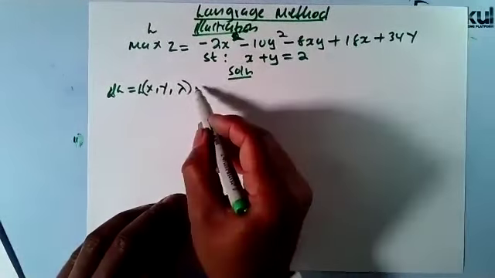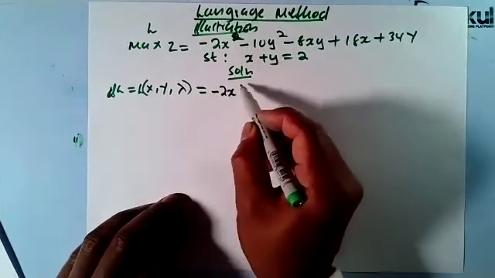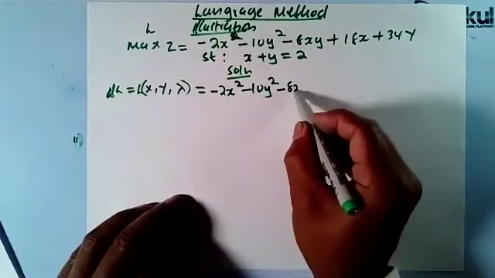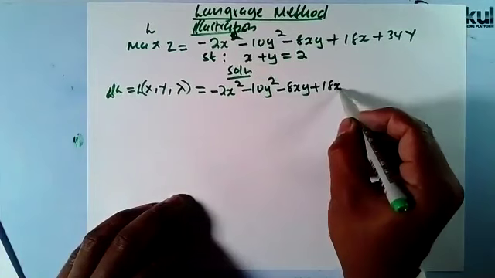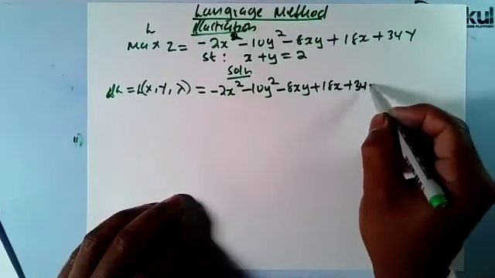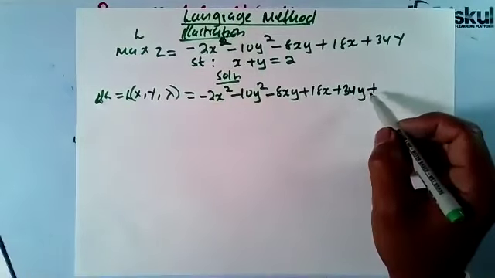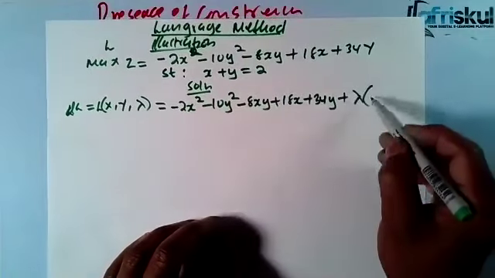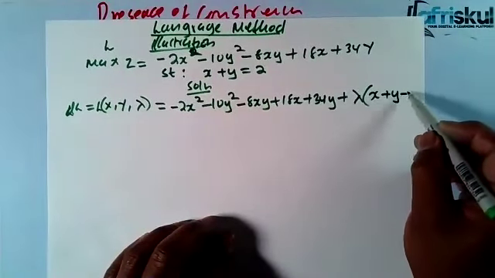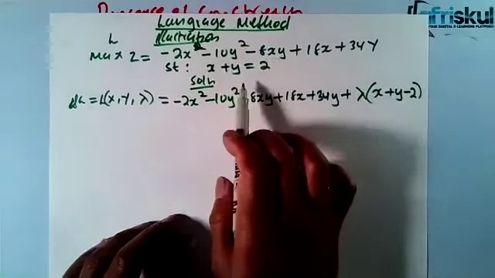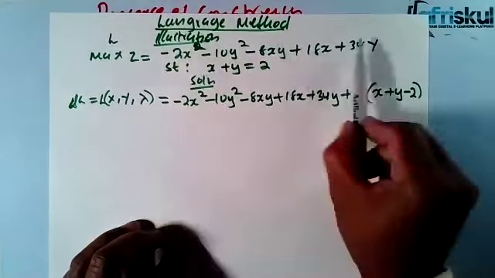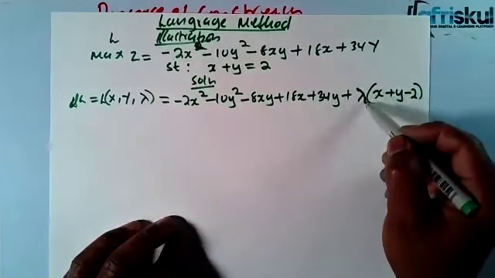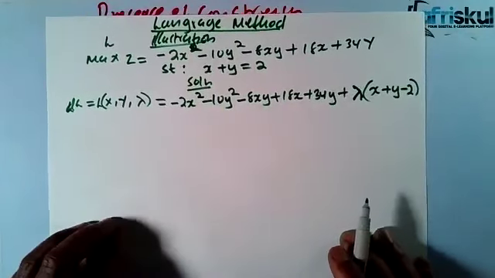It is equal to minus 2x squared minus 10y squared, I'm just copying it the way it is, minus 8xy plus 18x plus 34y. Then you add lambda times x plus y minus 2. I have brought the other side over to show it as one equation. I've now just combined the first one and the second one. When you are adding the subject to, we put the lambda. So now how do we show that?